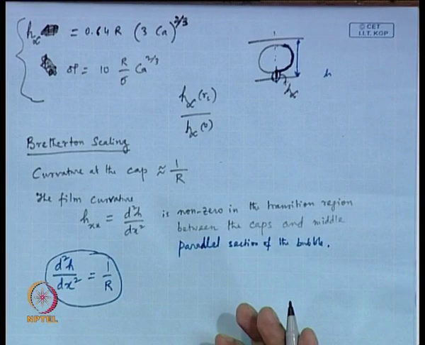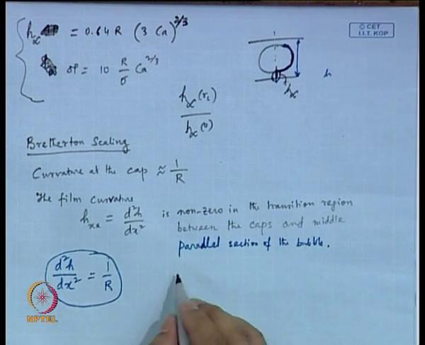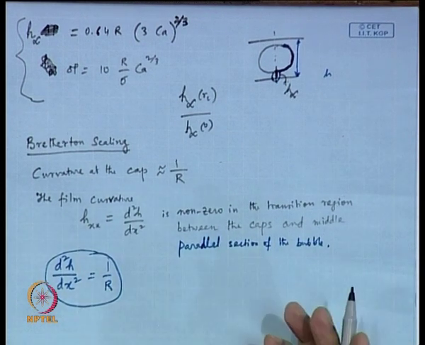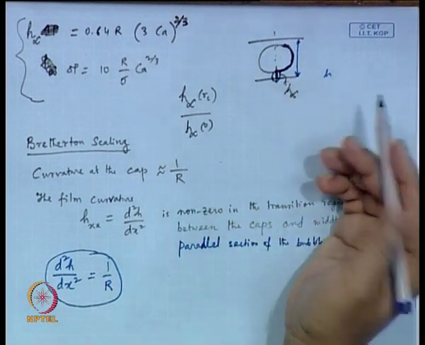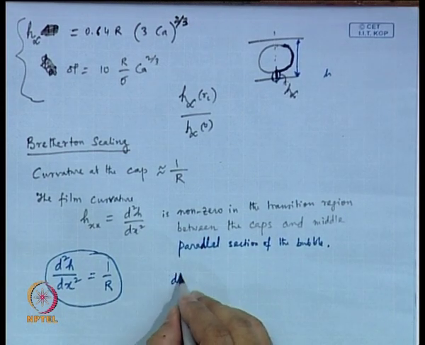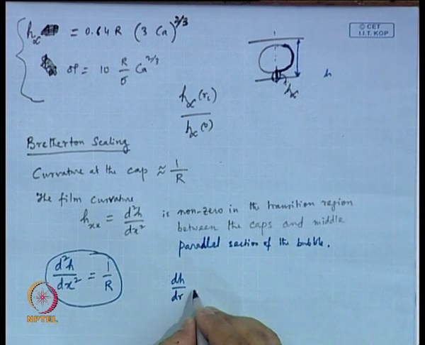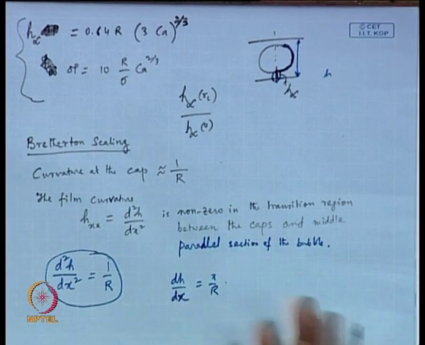Now, this was probably integrated with some boundary condition, maybe at x equal to 0, where x starts from here. So, at x equal to 0, dh/dx equal to 0. With the use of these boundary conditions, they very likely ended up with d2h/dx2 equal to 1/r, and then they further integrated.